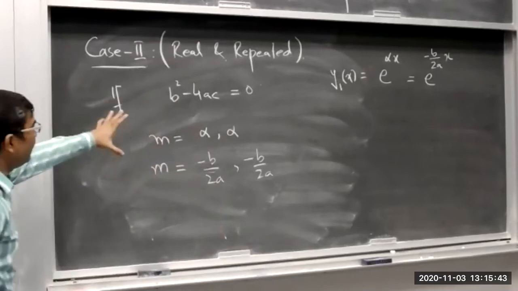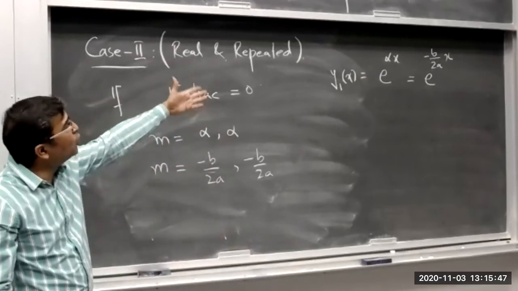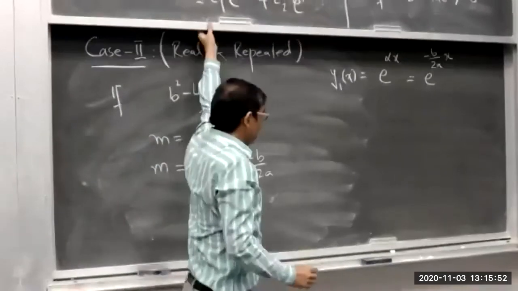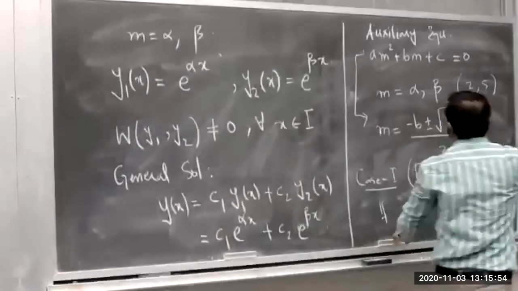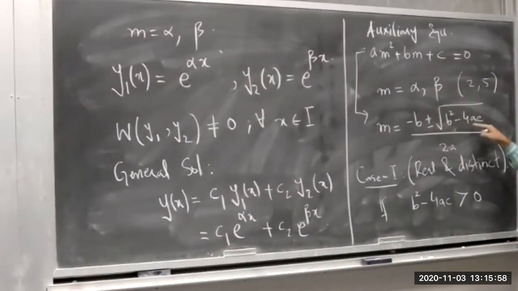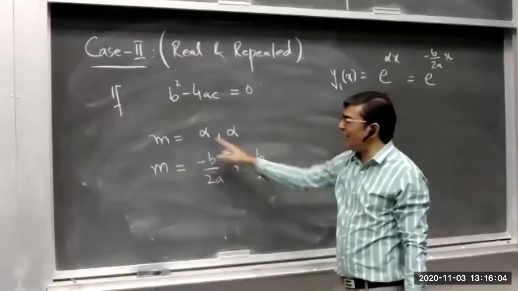with this technique, if we have only one real root for that particular auxiliary equation, this is the auxiliary equation, and if you have 0 here, you can have only one root and only one solution here.